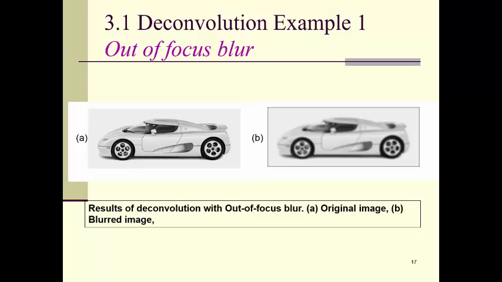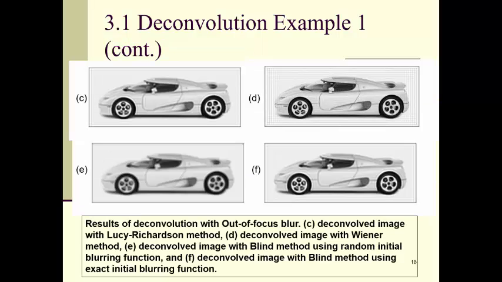And for the out of focus image, I have applied an out of focus layer using the disk function, using the fspecial function, and it has resulted in this image B. Now, if we look at the results of applying these methods, here we have image C, which is an image deconvolved using the Lucy-Richardson method. And D here is the one deconvolved using the Wiener method.